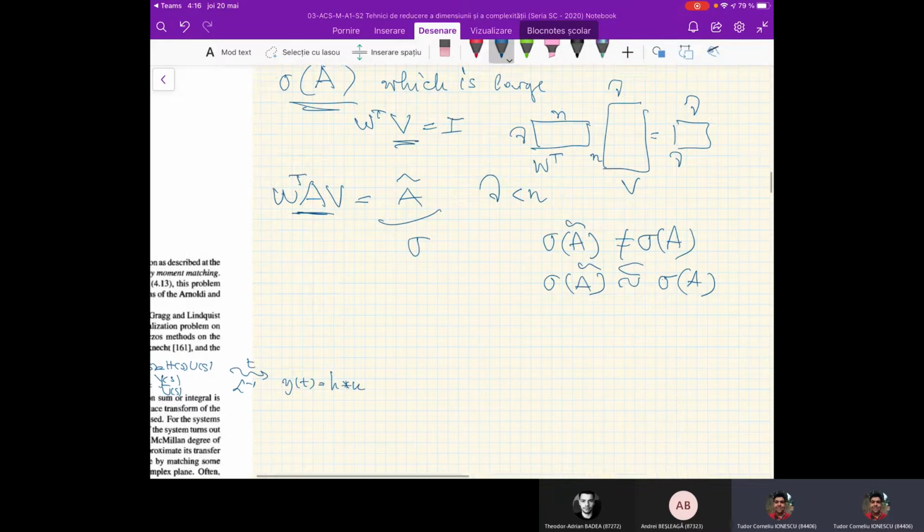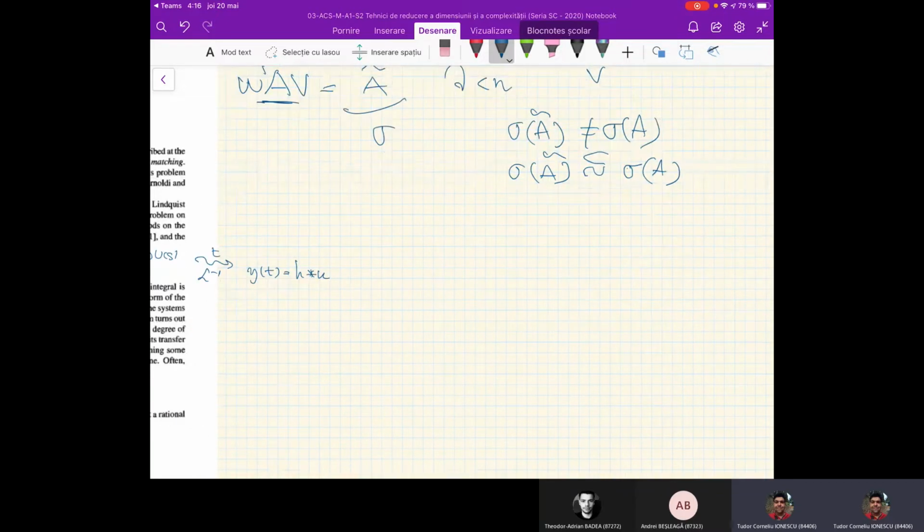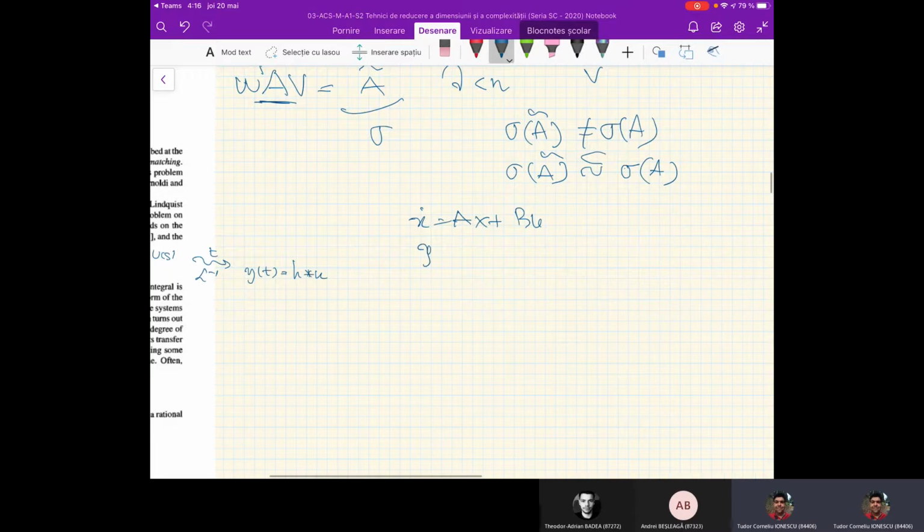So why not use this fortunate idea for model order reduction of dynamical systems? If you have the dynamical system x dot is Ax plus Bu, as we have talked about before, and the output y is Cx.